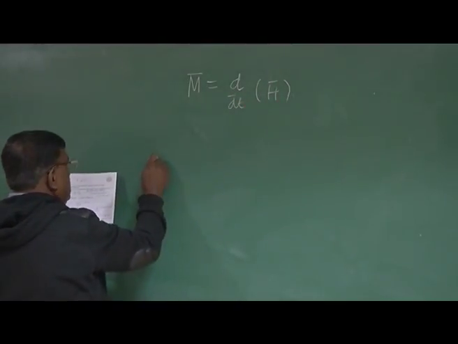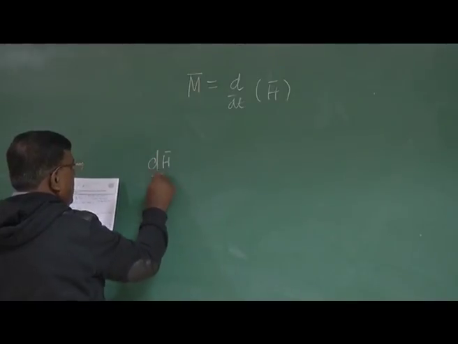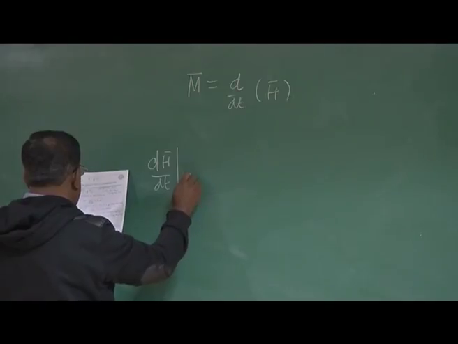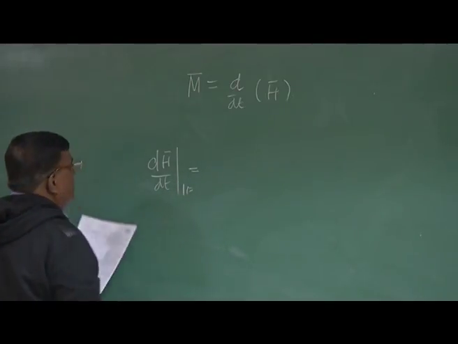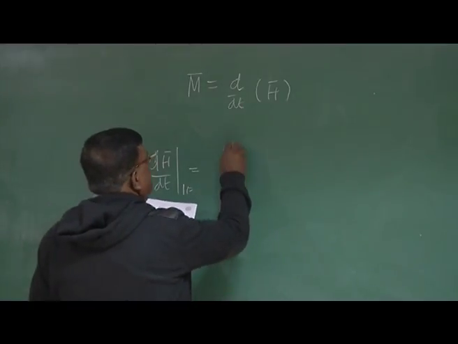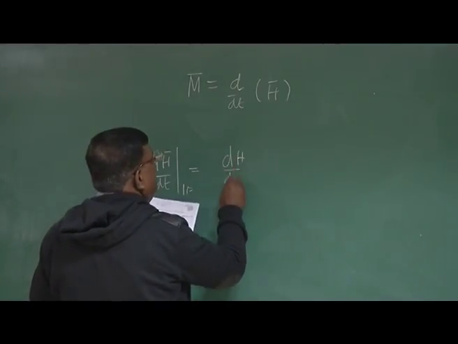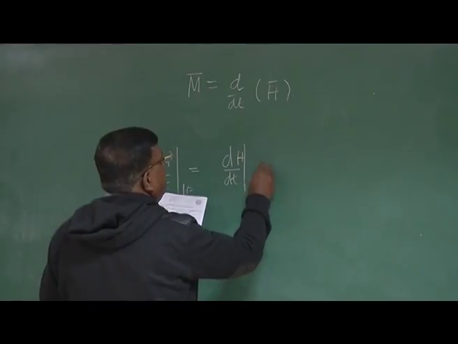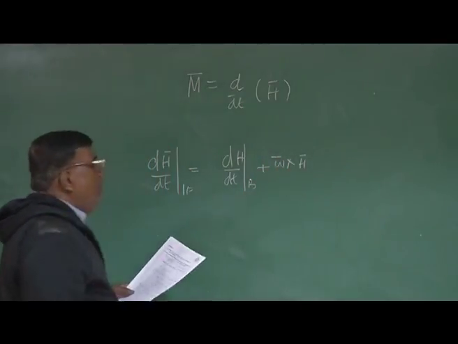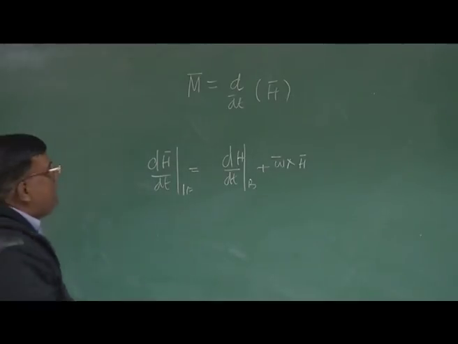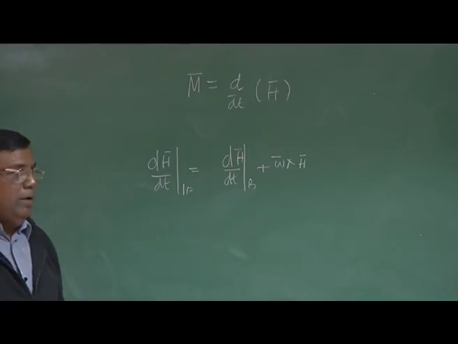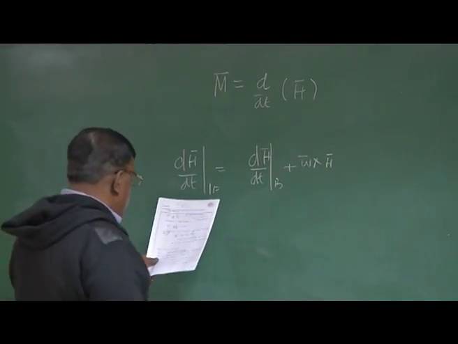So dh by dt in the inertial frame will be equal to dh by dt in the body frame plus omega cross h. And you know, the h vector has to be expressed in the body frame. We know the components of h.